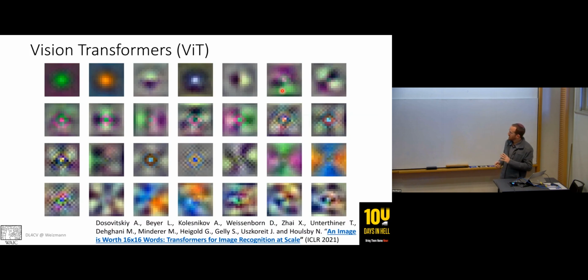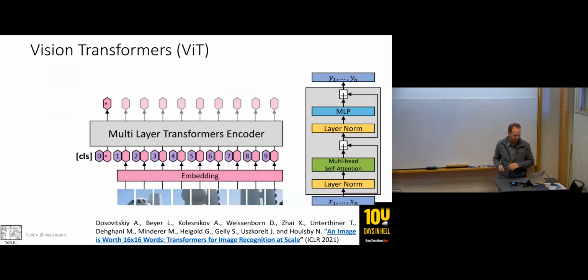Okay, so this is the embedding layer projecting patches into tokens. Let's talk about the positional encoding. Some architectures use fixed 2D position encoding.